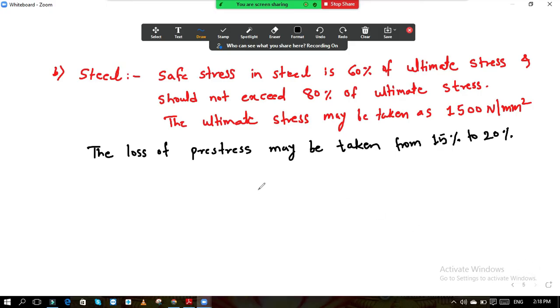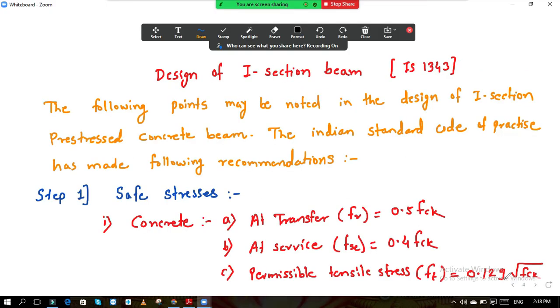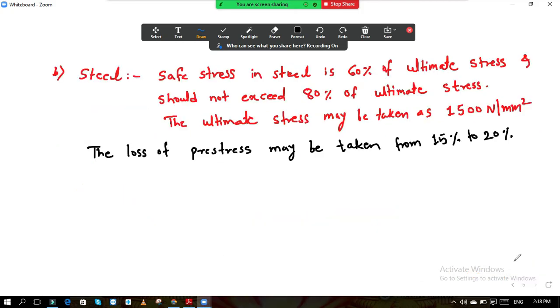Then for steel, for concrete, I can say that this is your step one. We will say this is your step two for steel, and now step three. What is the step three?